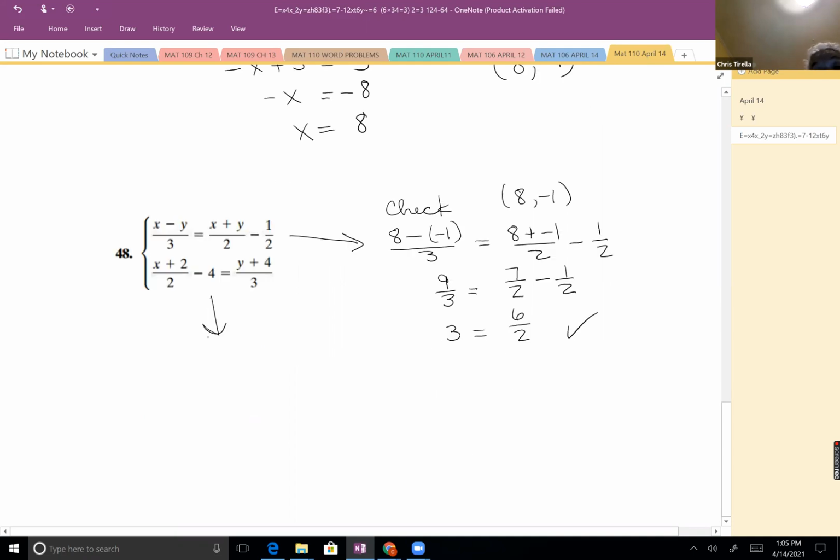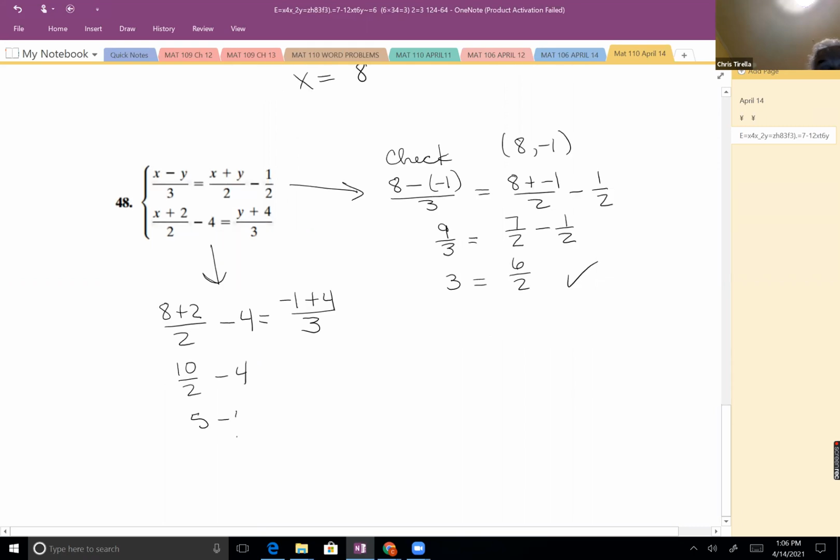And then in the second one, when I substitute x is 8, plus 2 over 2 minus 4 is equal to y is -1, plus 4 over 3. So that gives me 10 over 2 minus 4, which would be 5 minus 4 or 1.